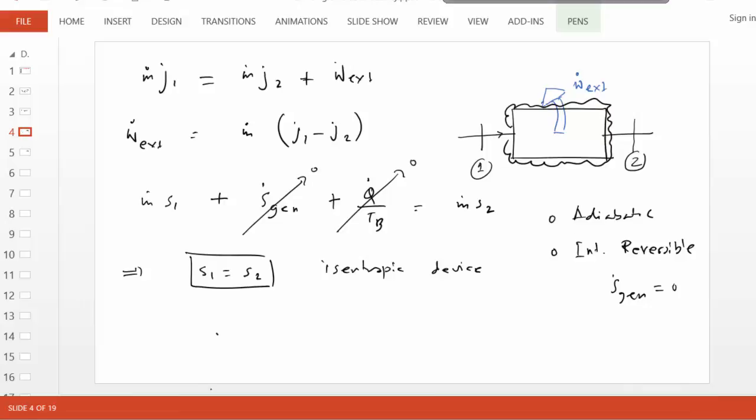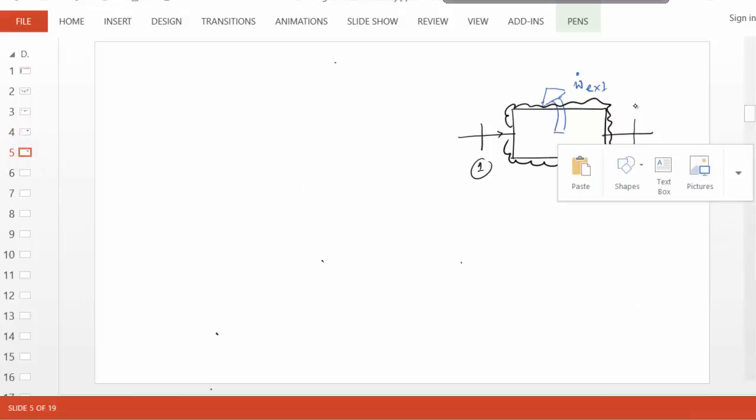So if there is friction inside the device now, the exit state, we cannot expect it to be the same. So we'll represent the exit state with a new state number for the actual device. Let's call it state 3. So this is a neat way of expressing the isentropic and the actual device.